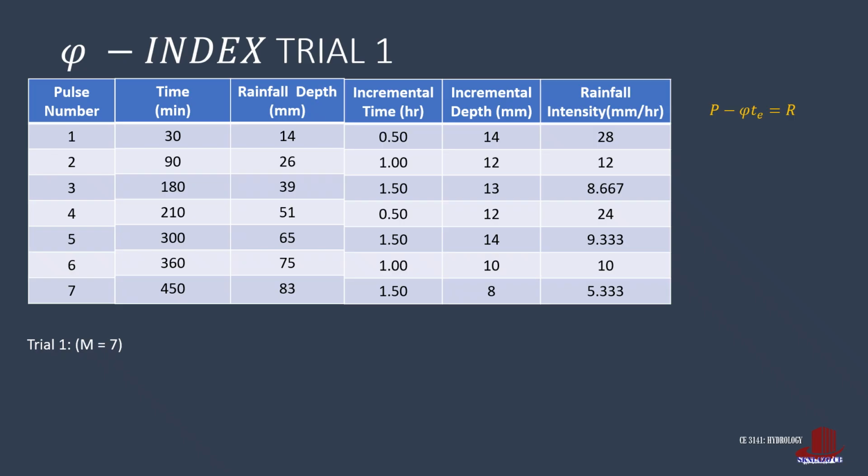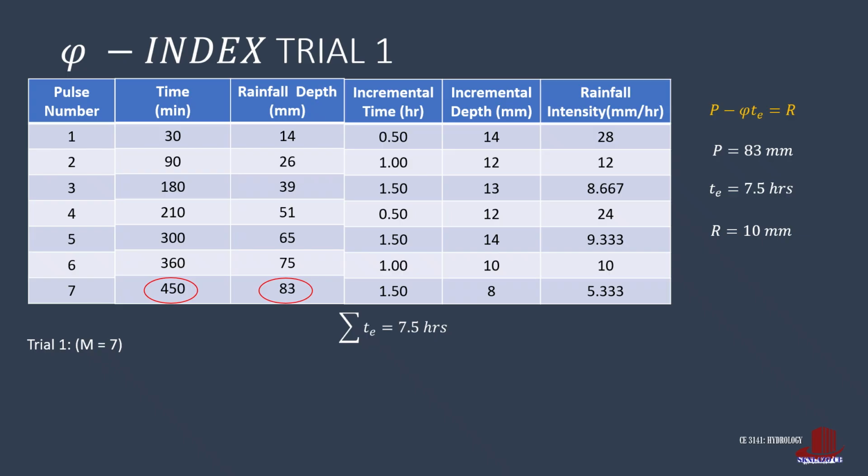You can either take the summation of the incremental depth, which turns out as 83, or you can also look at the last entry from the accumulated depth, which should be the same, 83. For t, take the summation of the incremental time, which shows 7.5. You can also use the last entry from the accumulated time given as 450 minutes, which is also 7.5 hours.